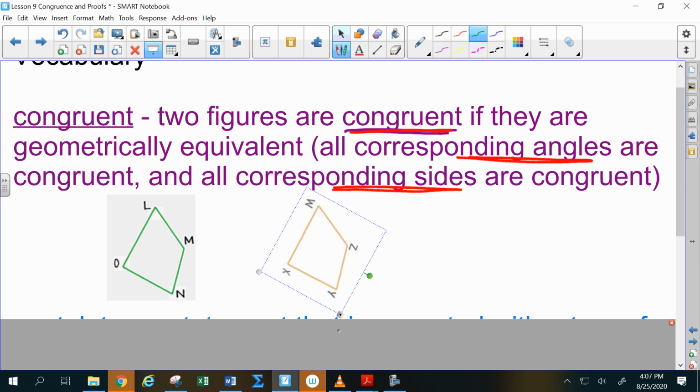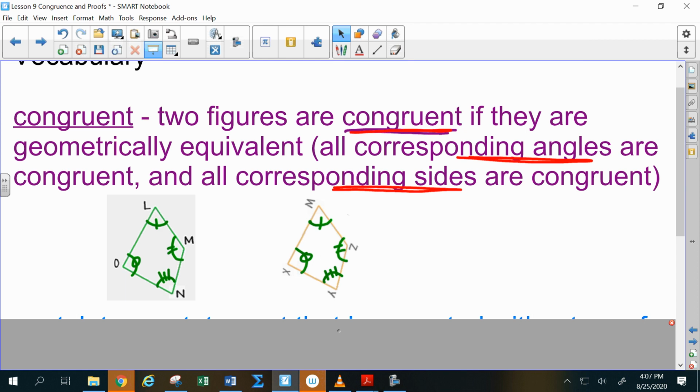What we see when we've done this is that angle L matched up and had the same measurement as angle W, and M and Z, and N and Y, and X and O. So all four sets of angles matched up, and we saw that the sides all matched up and were congruent.